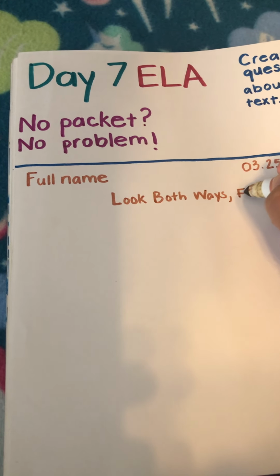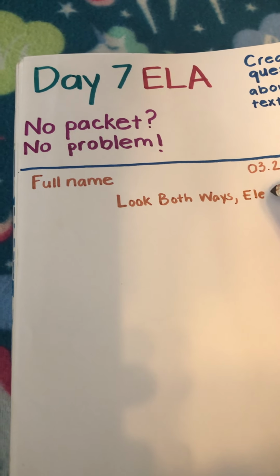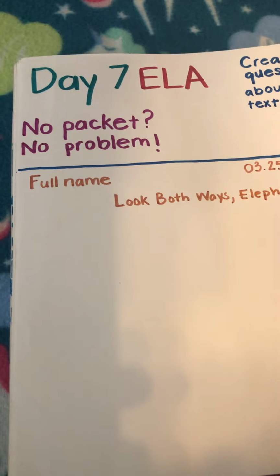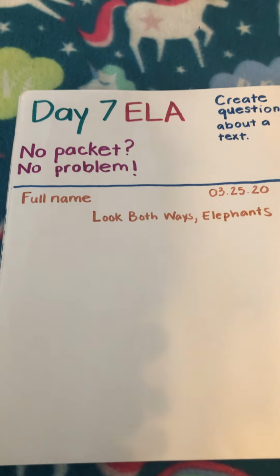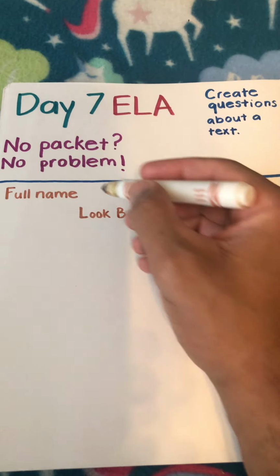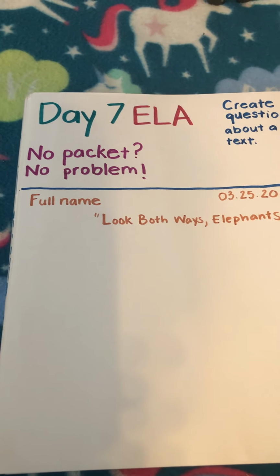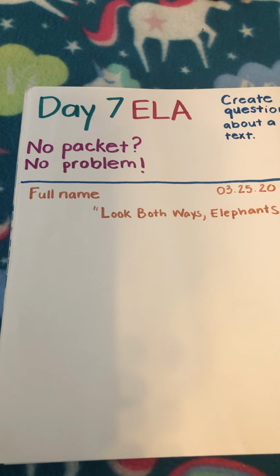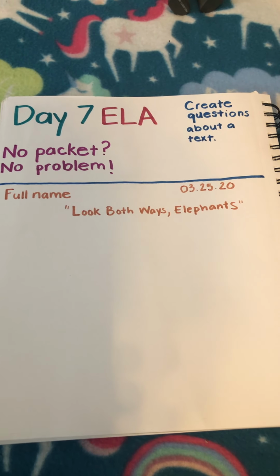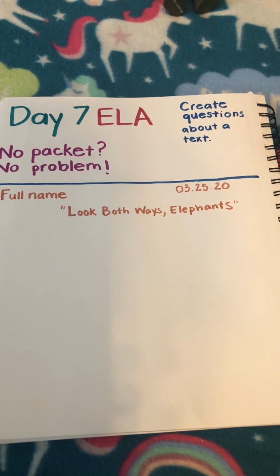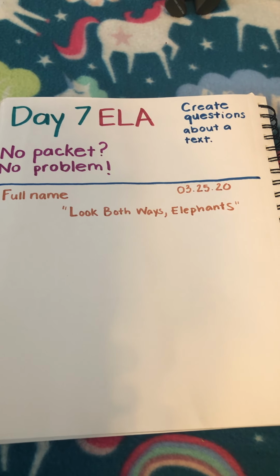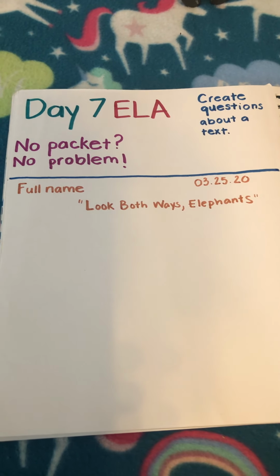So, as we get ready to dive into a little bit of response work today, we're actually going to think about what we do before we even start reading. In this case, I want us to think about some things that we know, some things that we want to know, and at the end, some things that we learn.